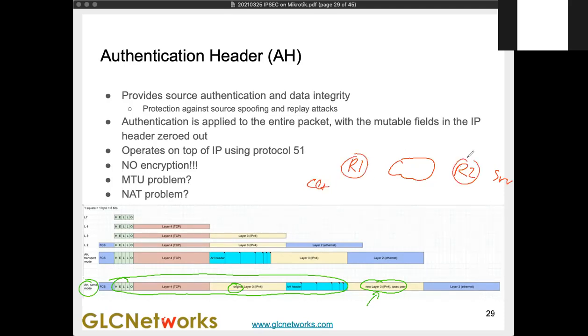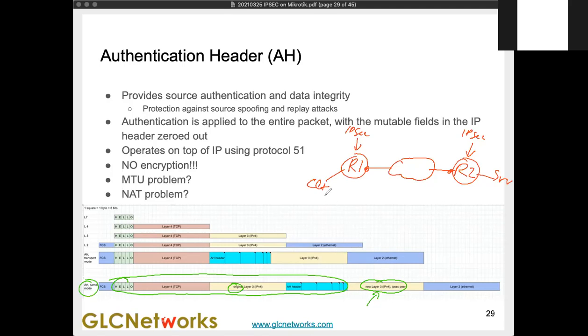Connect, connect, connect. So the one that is doing the IPsec is between here. This is IPsec. Here they have an IP address, and then here they have an IP address.